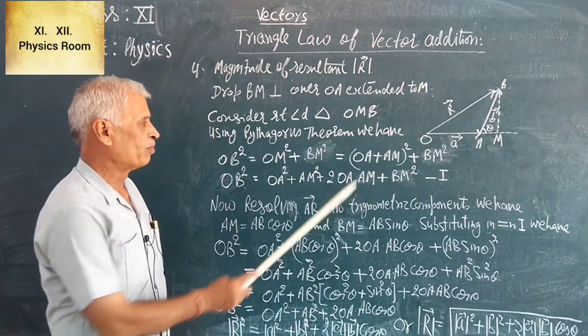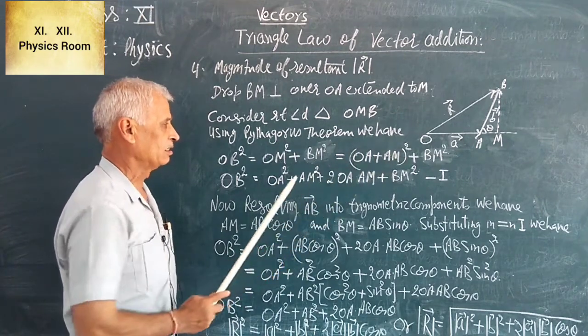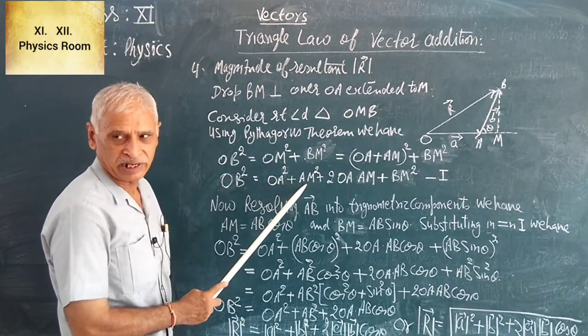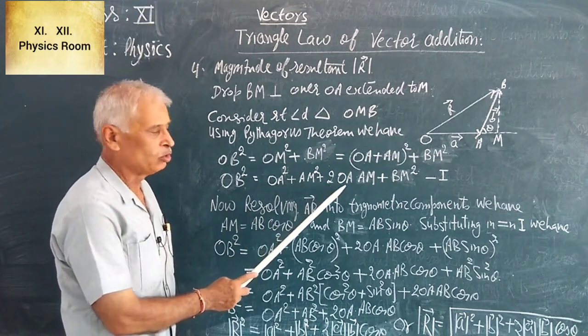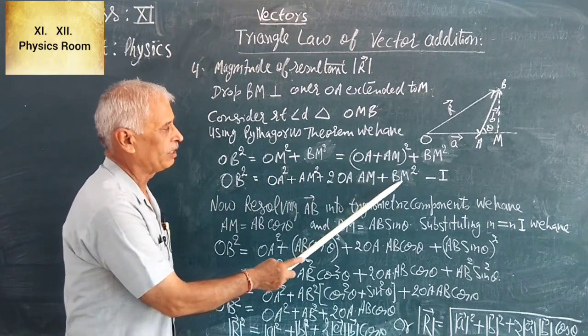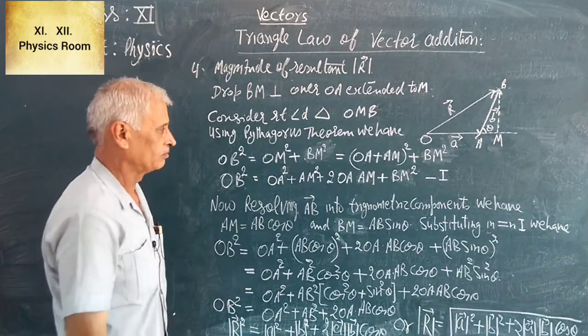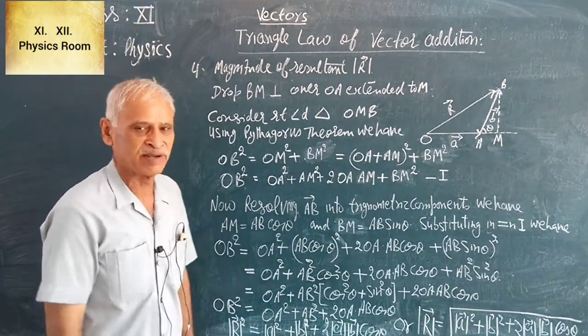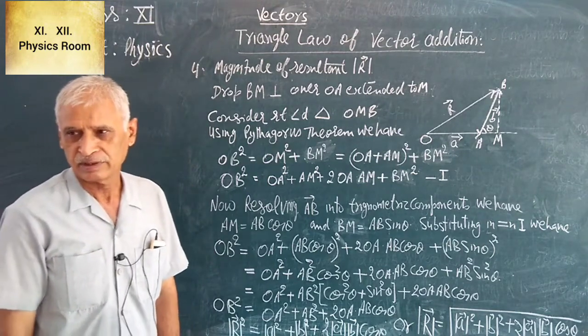Now we open this bracket, we square this. So first OA square plus AM square plus 2 OA AM plus BM square. So how we open the square? OA square plus AM square plus 2 OA into AM.